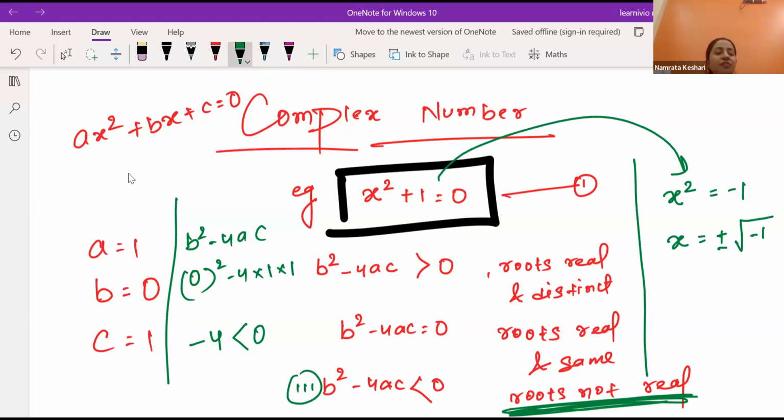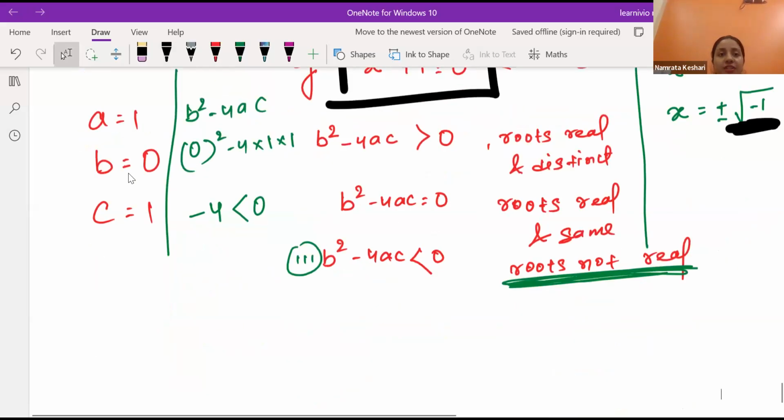But the moment we find the x value, we can see there is a negative number inside the root. Two things are not acceptable in mathematics, a big no-no. One, 0 in the denominator, another, negative inside the root.